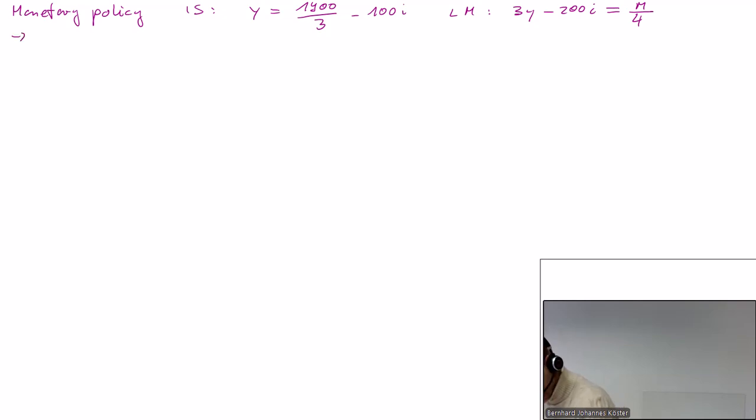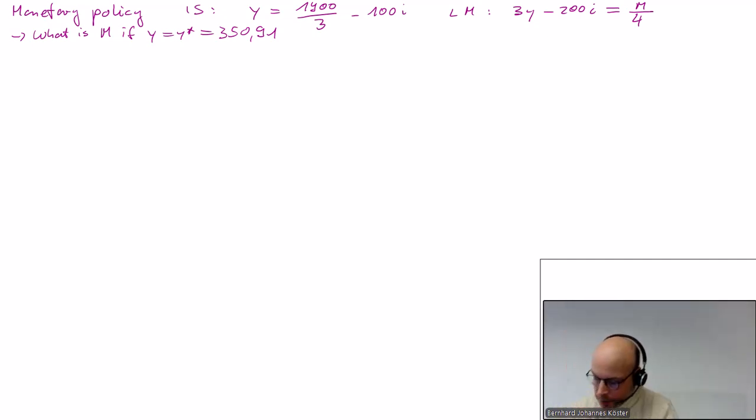The question is now, what is m if y equals y star, and this was 350.91.